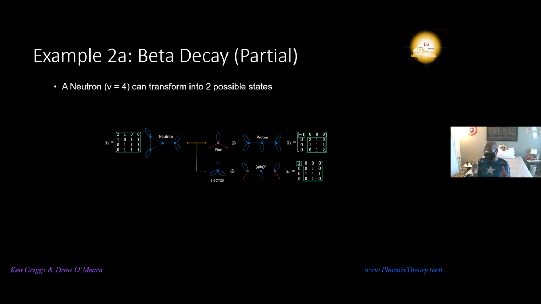In the first case, we have a proton and pi meson that spins off. And in the second case, we have a very, very rare phenomenon where you can actually spit out an electron and a very strange particle that comes along with it for the ride. We'll be talking about that in a much further lecture if you're interested. But this is what happens to a free neutron in Phoenix.